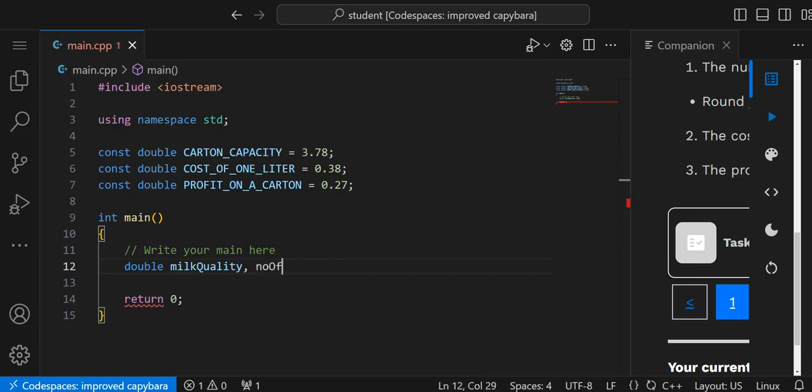Number of milk cartons, comma, total cost of milk, comma, and profit. All right, so we got our variables declared.